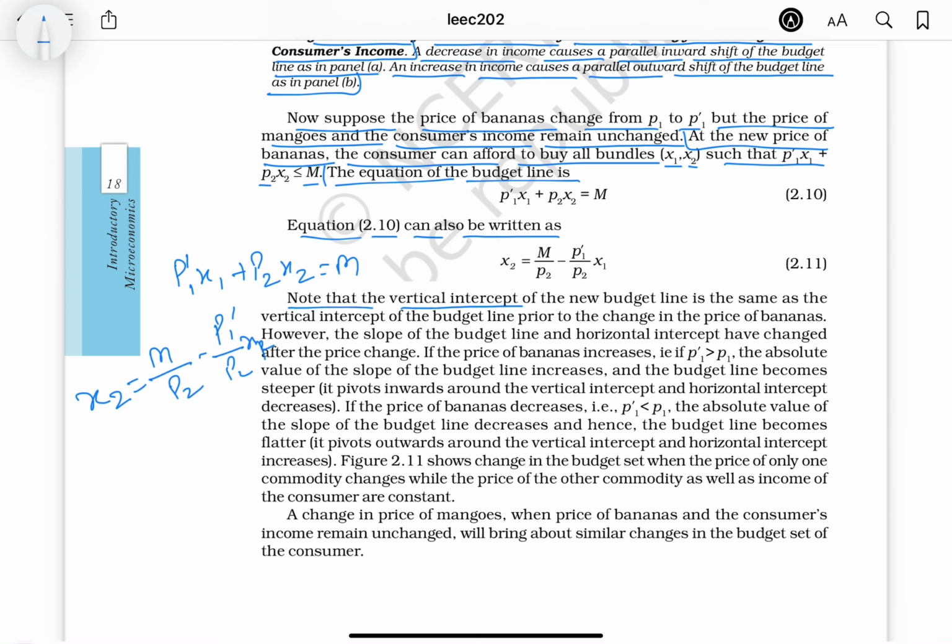Note that the vertical intercept of the new budget line is the same as the vertical intercept of the budget line prior to the change in the price of bananas. However, the slope of the budget line and horizontal intercept have changed after the price change.